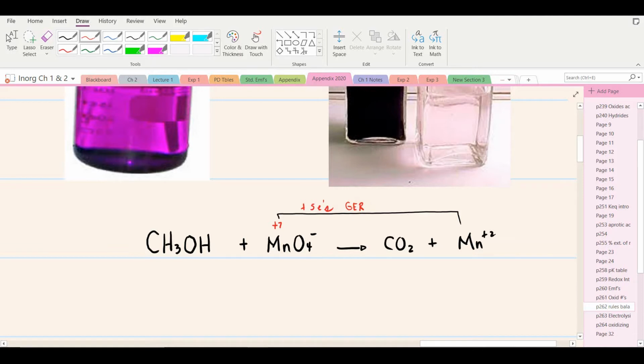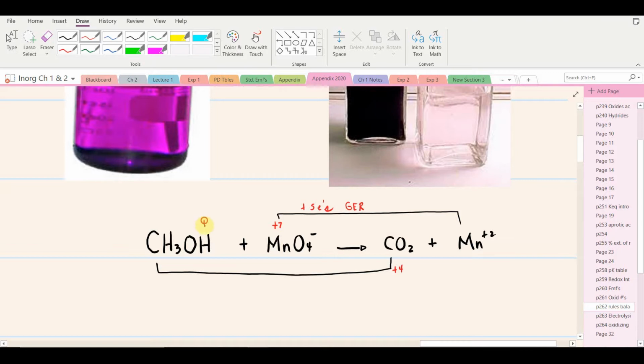That's fine. And in the case of the carbon here, this one's easy on the right. This will be +4 because oxygen's -2, and there's 2 of them. That's -4, and the total charge is 0, so carbon must be +4. How about in methanol?